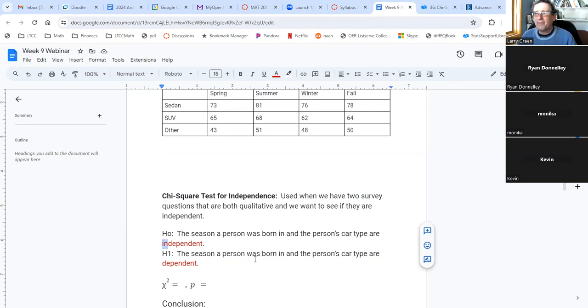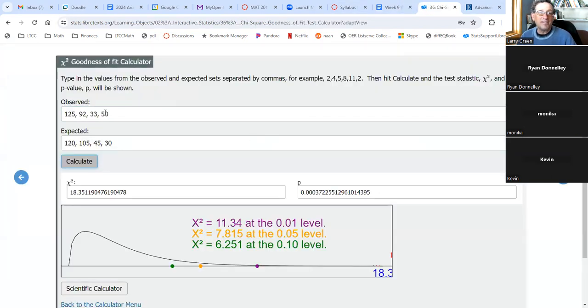All right, what do you think the next step is? We should be used to this. Yeah, now we go to the calculator. Okay, can we use the calculator we just used? Yeah, don't even think about it. It's not as good as a fit test.